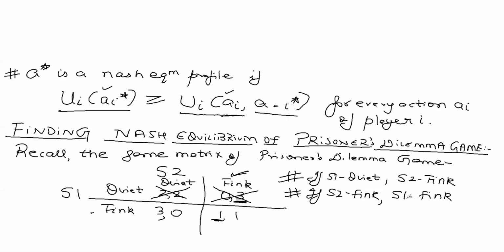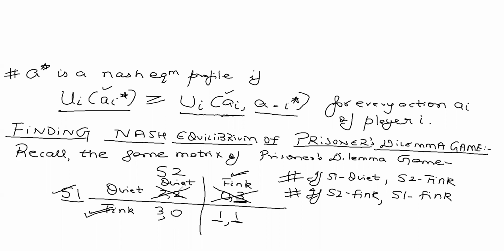Let us check if think, quiet is a Nash equilibrium or not. So when suspect 1 thinks, what will suspect 2 do? Suspect 2 will think, because when suspect 1 thinks, suspect 2 gets a payoff of 1 from thinking and 0 from quiet.